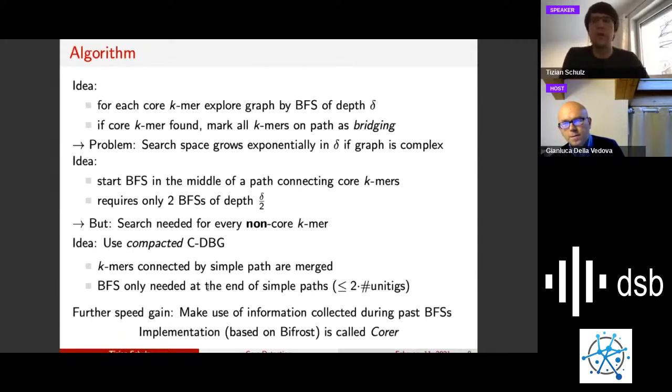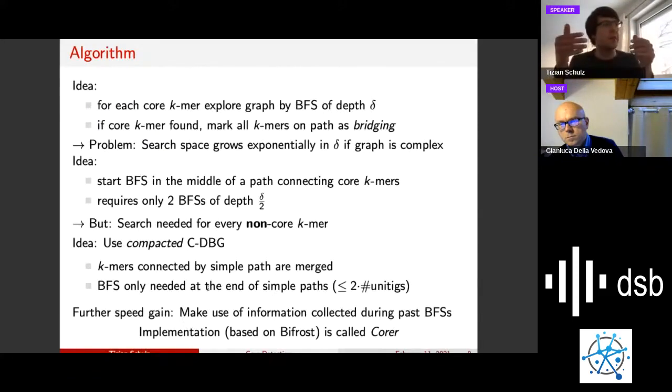That's an approach that is potentially possible. We could do this delta over 2 depth search from the core k-mers and then just mark the unitigs we can get to. However, we would also have to mark all the k-mers on the way, because it could be that... I mean, no, we don't have to mark them on the way. It's okay if we just mark them at the border.